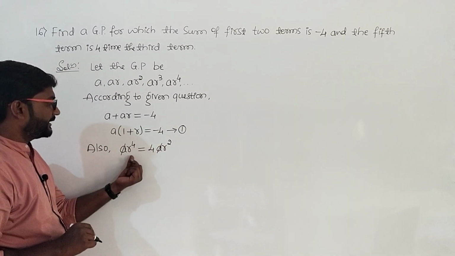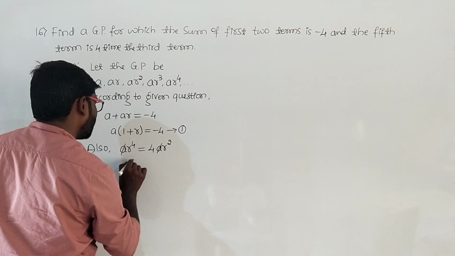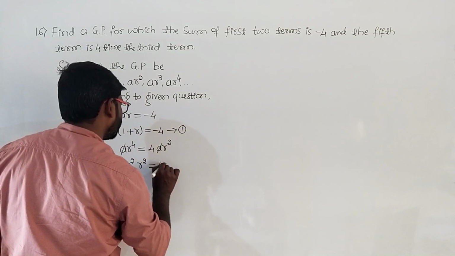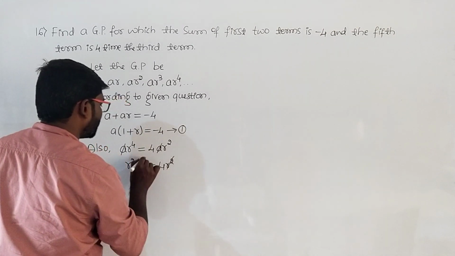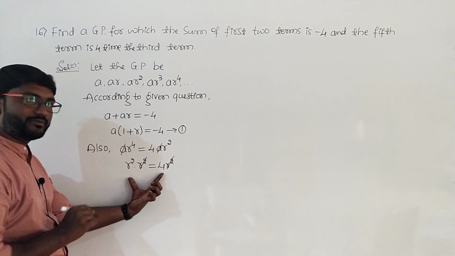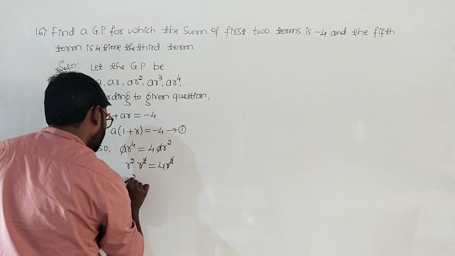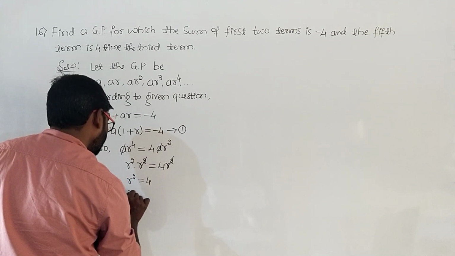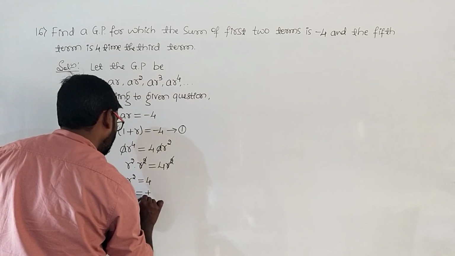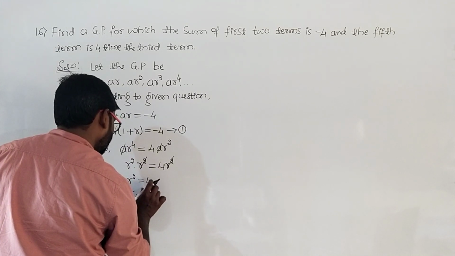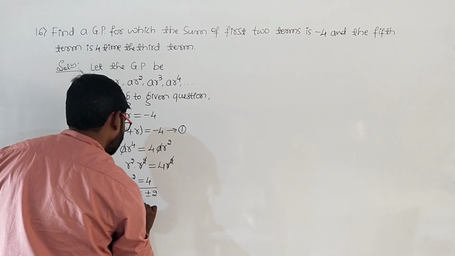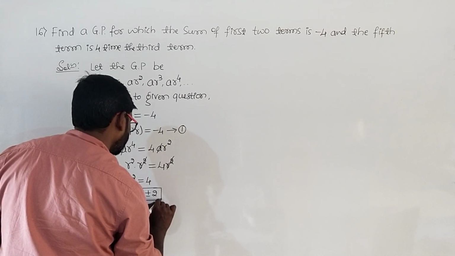So here R raised to 4 can be written as R square into R square, which is equal to 4 times R square. So R square and R square get cancelled. You get R square equal to 4. That means R will be plus or minus 2. So the common ratio is plus or minus 2.